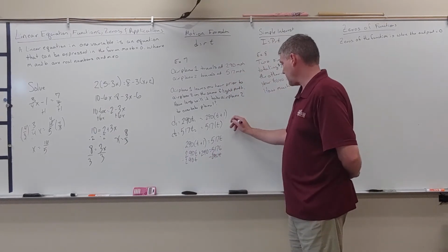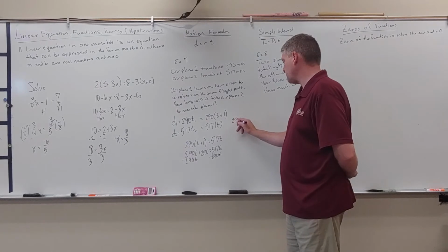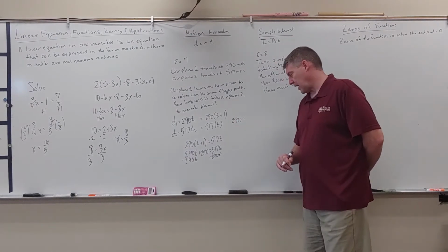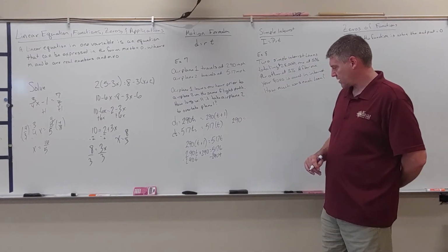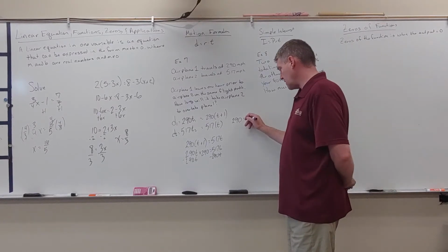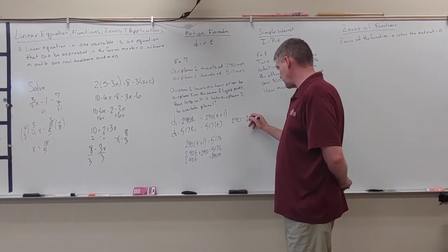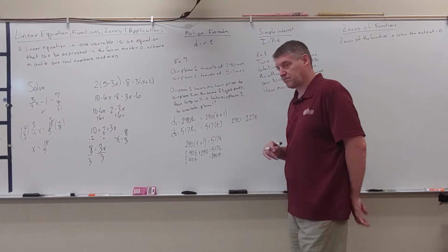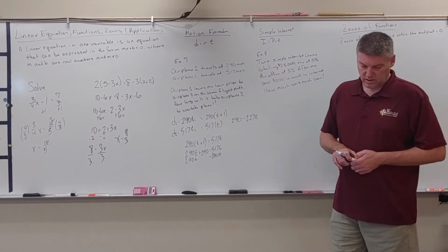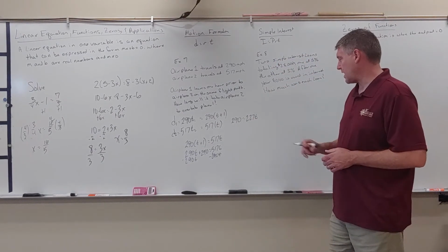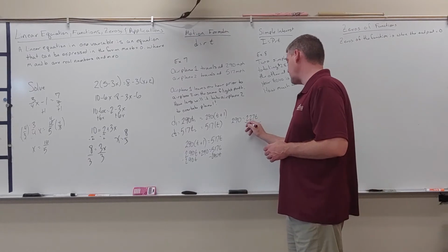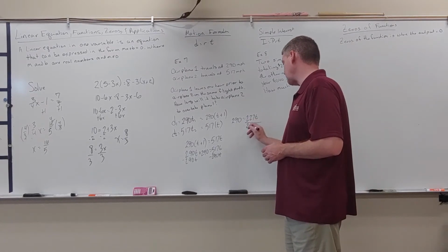Okay. And so I'm going to end up with 290 equals 227t. All right. So now, when I look at that, I'm going to go ahead and divide by 227.